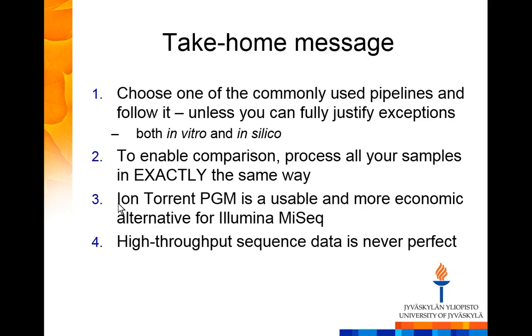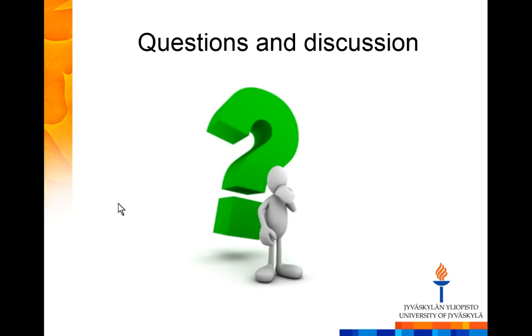So, more questions, comments, discussion? There are no questions. Or, I was just thinking, have people tried standardized test communities where there are many more taxa than what have been used? Yes, I think yes.